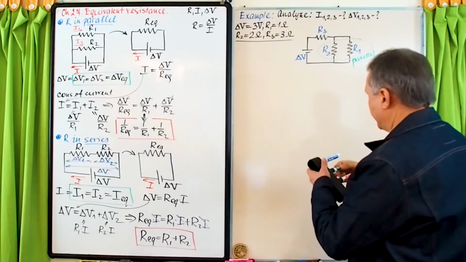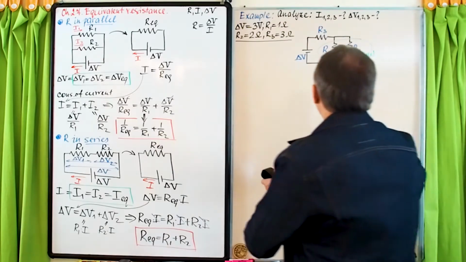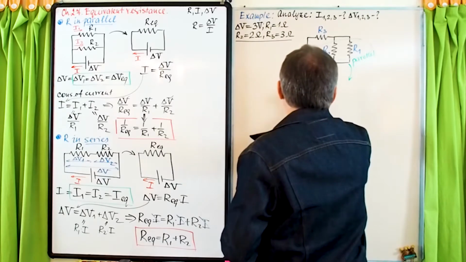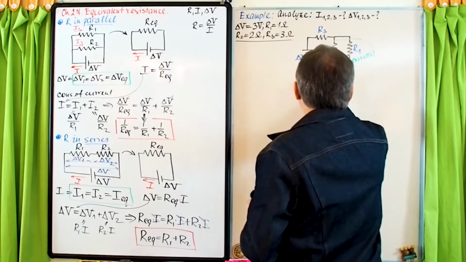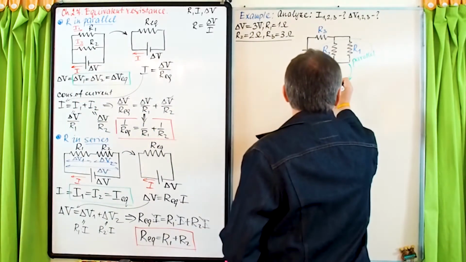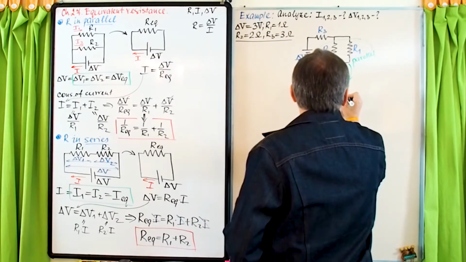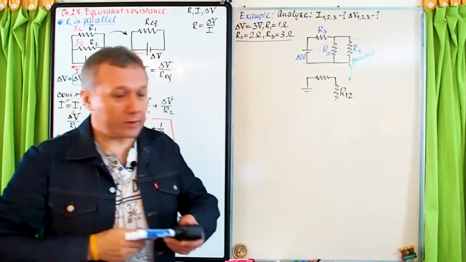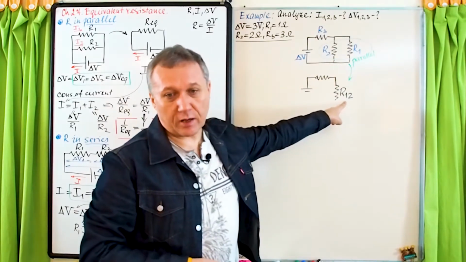Parallel, right? And so for simplification, instead of this circuit, I can draw something like this. The battery must work in exactly the same way. And now instead of these two resistors, I will introduce an equivalent resistor, and I will label it as R12. We replaced resistors R1 and R2, so I use notation R12.